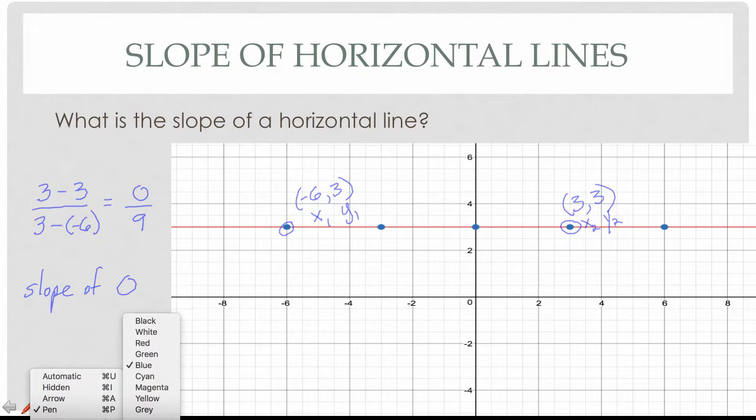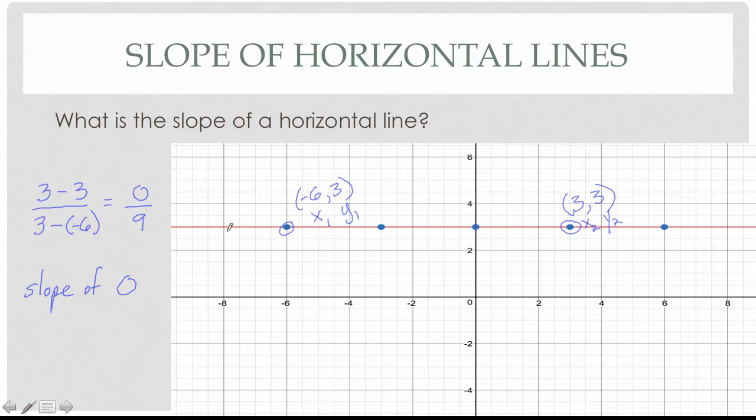Well, let's think about that here. I have a horizontal line, right? My x values are changing, but I do not see any increase or any decrease. My y values stay exactly the same, so my slope is 0. There's no change. Interesting, huh?